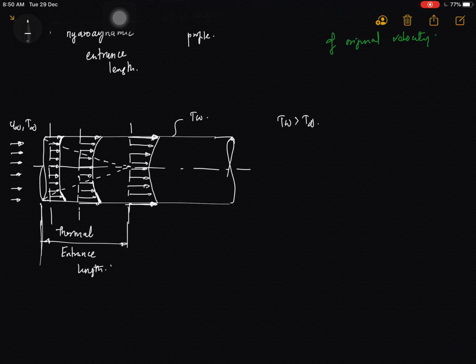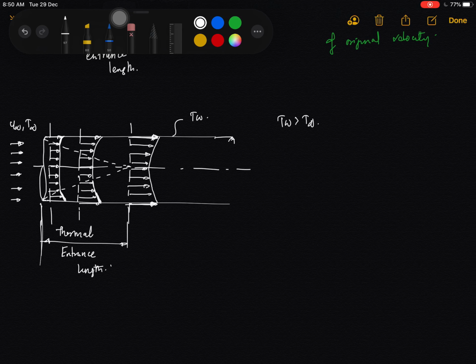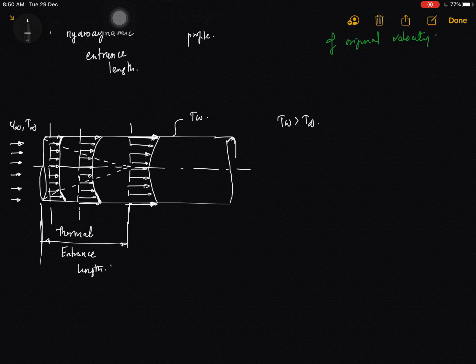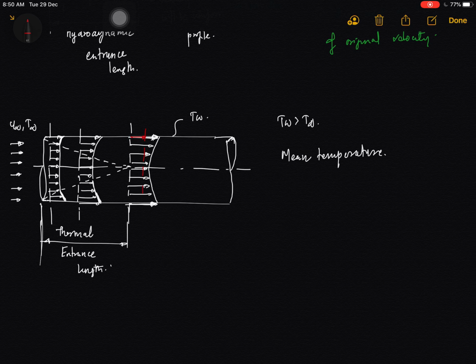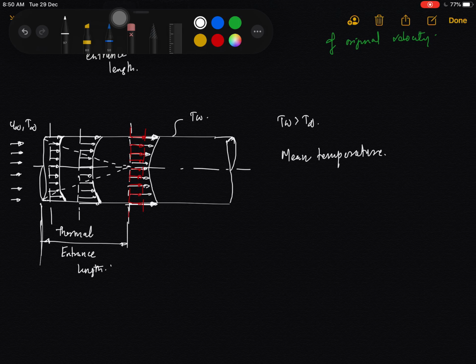So in this case we will define another term called the mean temperature. This mean temperature is defined using a similar condition as in the previous case of the hydrodynamic entrance length, the flow through the internal pipe.